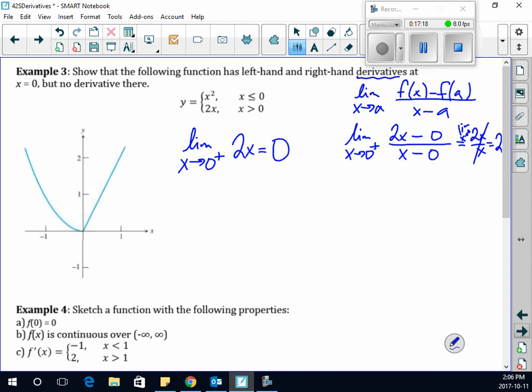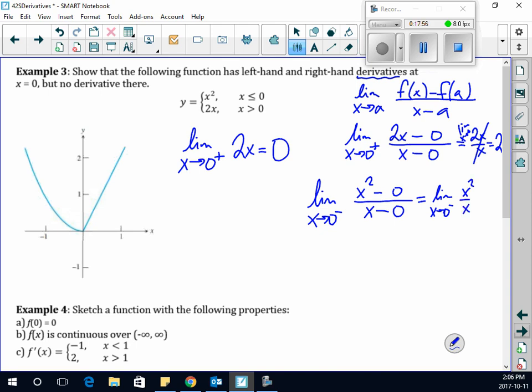So now we need to come from the left. So f of x would now be x squared. So that would be x squared minus f of a, which is 0, over x minus 0. So what do we get there? Sorry, I should be putting the limit: the limit as x goes to 0 from the left of x squared over x.